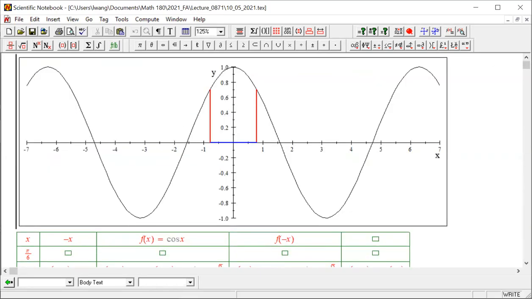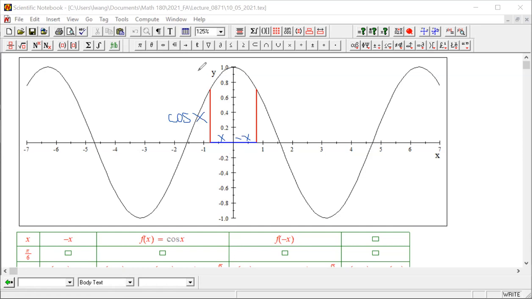Geometrically, whenever the inputs are opposite, these two inputs, if I mark this as x, and that's going to be negative x. And that's a cosine curve. So this piece of red will be expressed as cosine x.